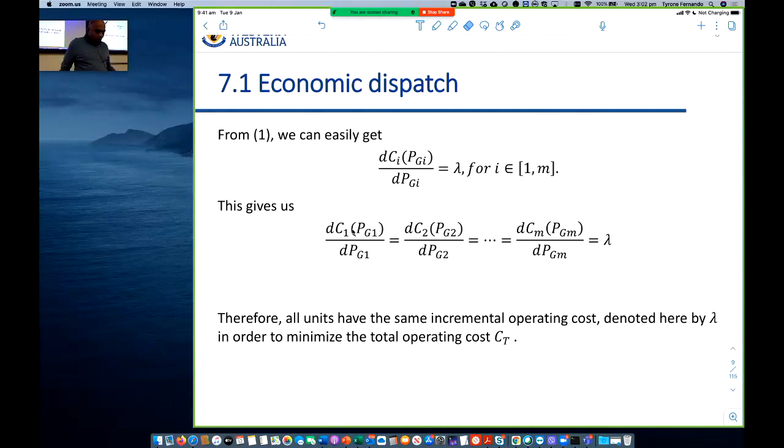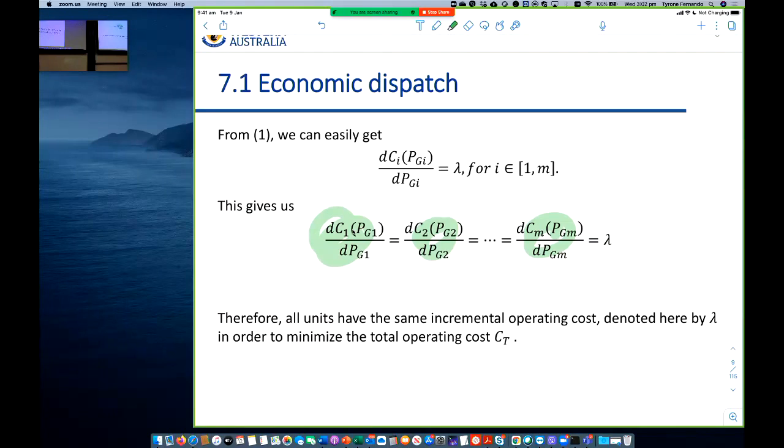So what we essentially then want to do is, if we have the cost function for each of the generators, cost of generating, we find the incremental cost for each of the generators, right? Incremental cost per unit of power for each generator. We equate them, right? We equate them, and that is the solution.